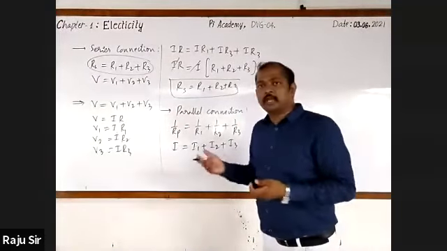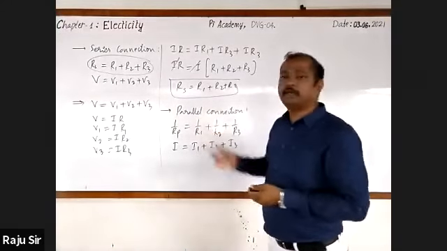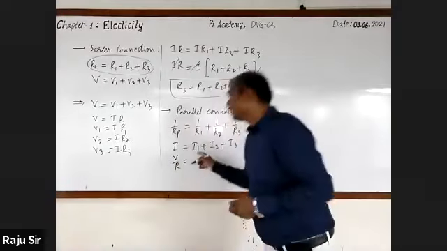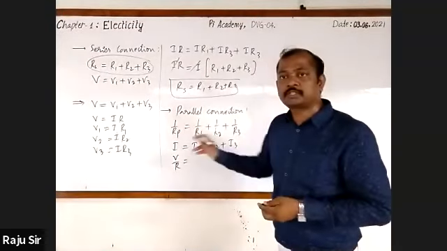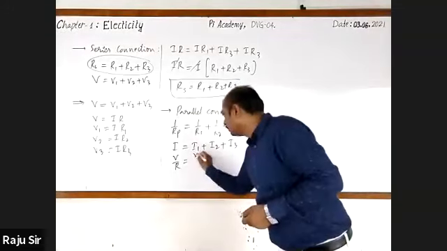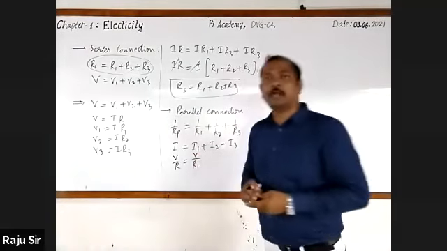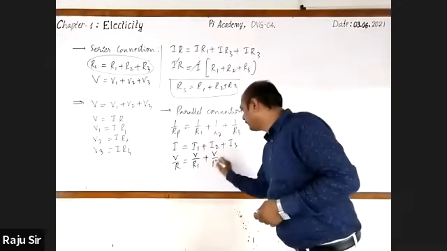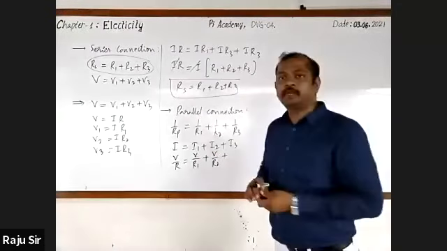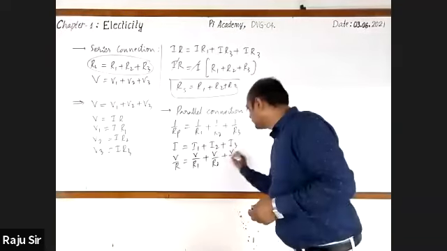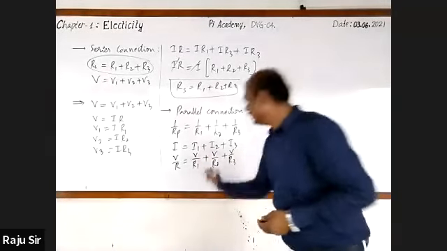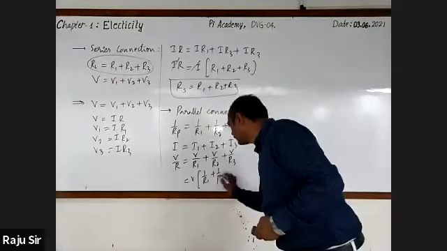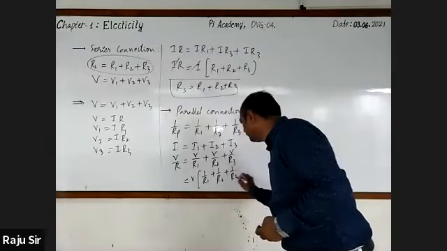And we also know that according to Ohm's law, we can write current as V by R. Then the current flowing through the first resistor can be written as V by R1. Current flowing through the second resistor is V by R2. Then current flowing through the third resistor is V by R3. Here, V is a common factor. You'll get 1 by R1 plus 1 by R2 plus 1 by R3.